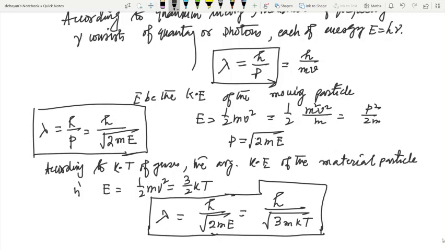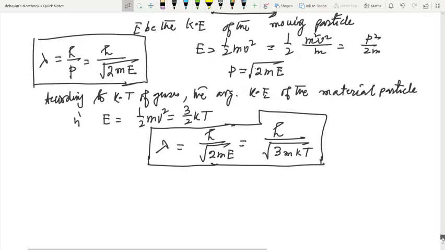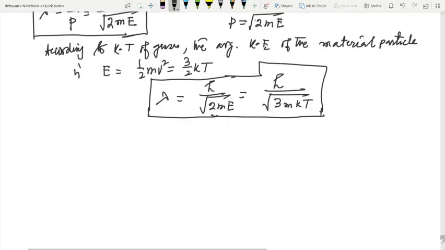One type of problem that may come is that the question is given like this: calculate the wavelength of thermal neutrons at 27 degrees centigrade.